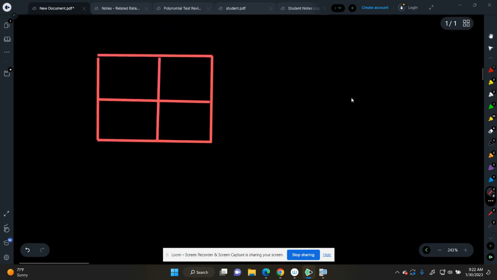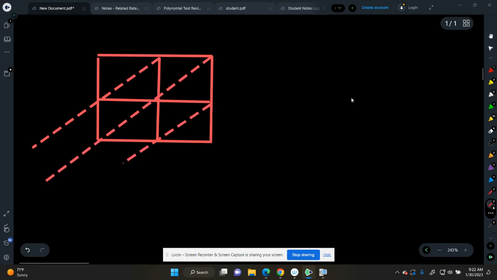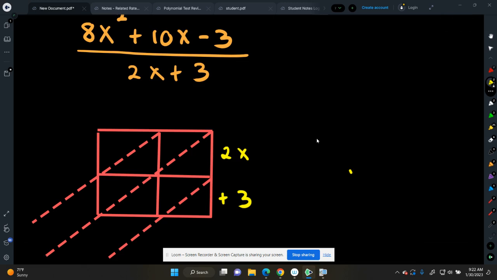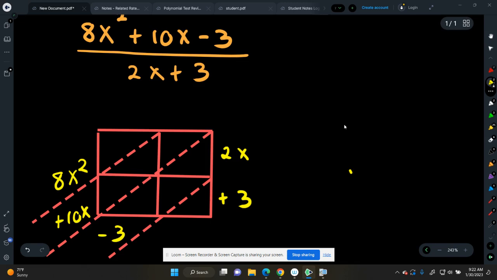Draw those diagonals in there. Okay, so what goes along the side? 2x plus 3. And then where's the top thing go? On the diagonals. So we have 8x squared plus 10x minus 3.